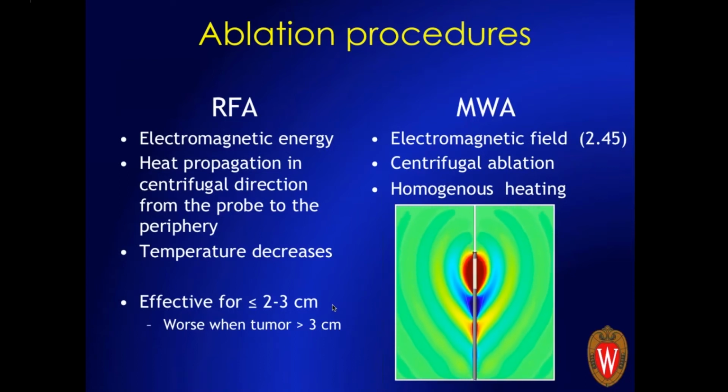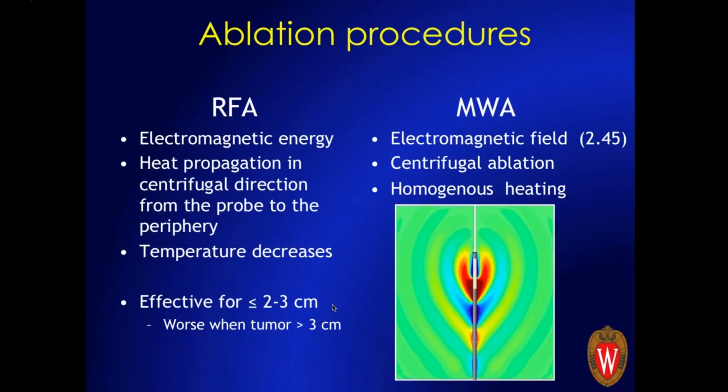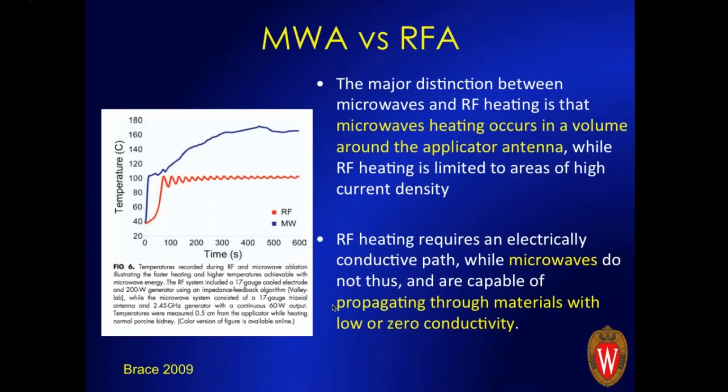Microwave uses an electromagnetic field with a centrifugal ablation and homogeneous heating in the tumor. The main difference between microwave and radiofrequency heating is that microwave heating happens in a volume around the applicator antenna, while radiofrequency heating is limited to areas of high current density.